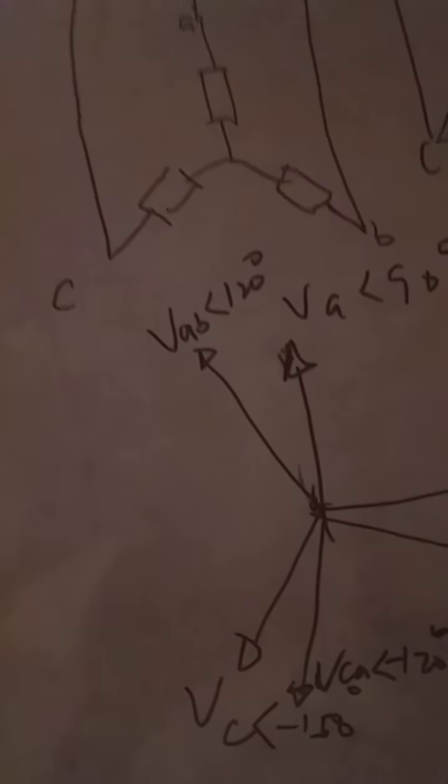And we now have VCA at angle minus 120 degrees. That is the phasor diagram for this particular circuit.